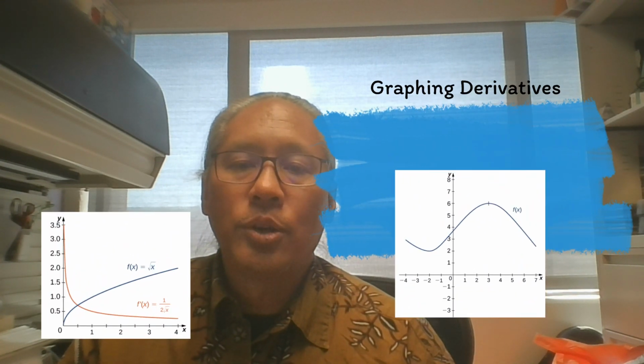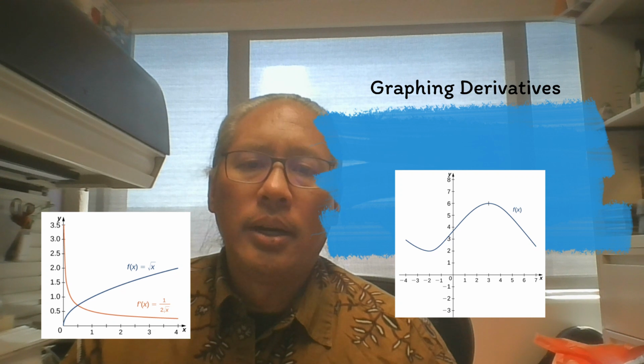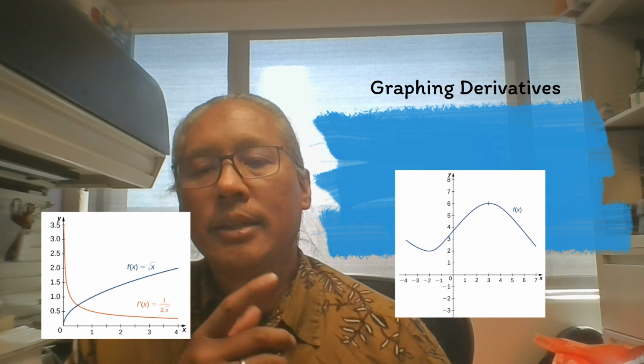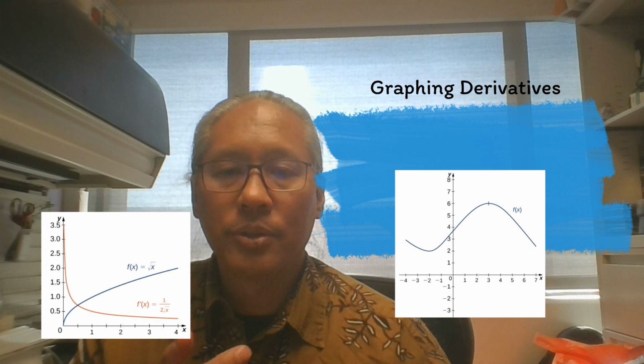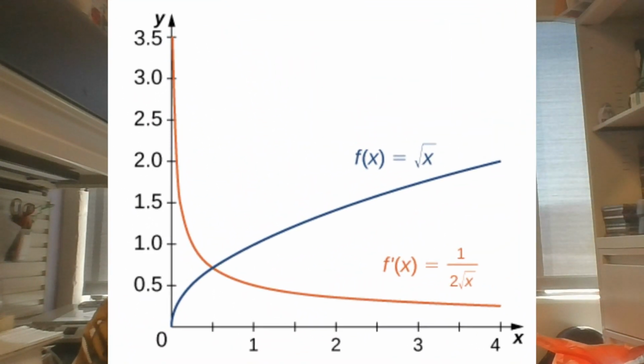Now let's take a look at some graphs of derivatives. The idea is to take a look at the graph of a function and try to see what the derivative is going to look like. If we focus on this particular graph, the original function is the square root of x.